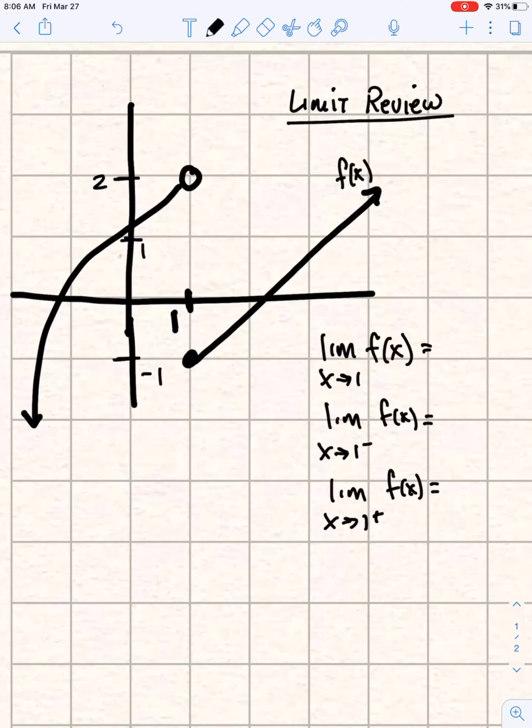So if we're looking at this function, as x gets close to 1 from the left side, you're really just following the height of the graph and seeing what it approaches. So in this one, you would get 2, because as x gets closer to 1, the height of the function gets closer to 2.